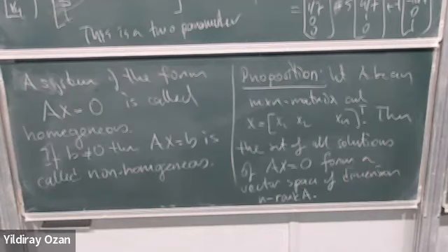Now, A is an M by N matrix, right? And thus, we can form the linear map. Let me say A hat.